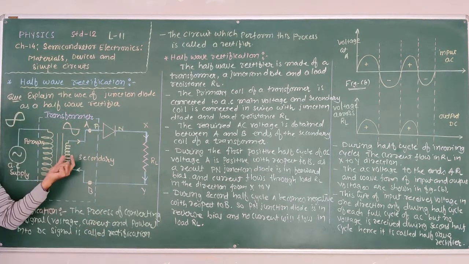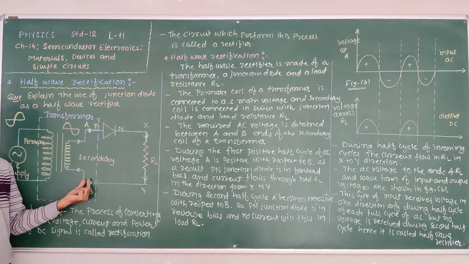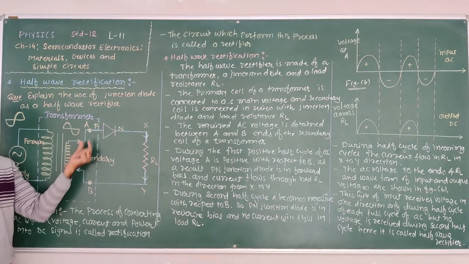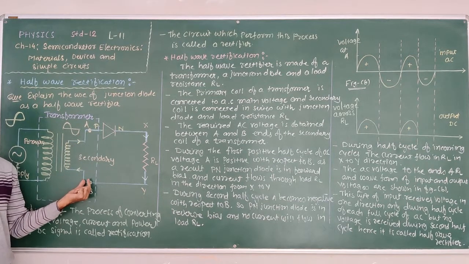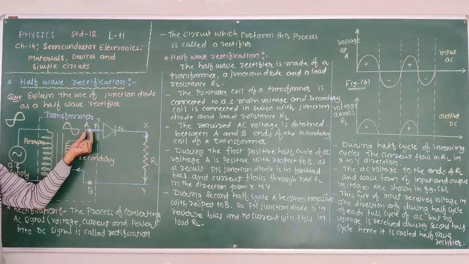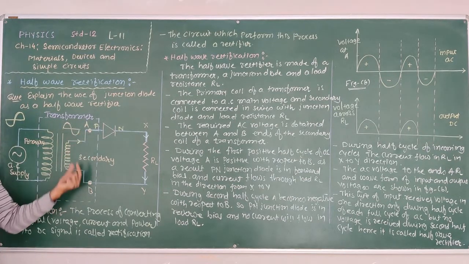The required AC voltage is obtained between the A and B ends of the secondary coil of the transformer.